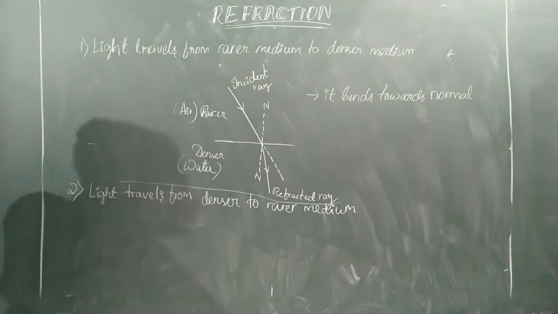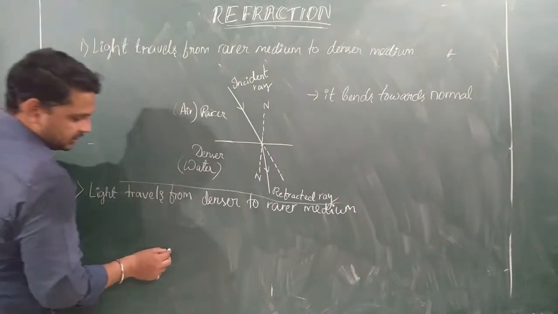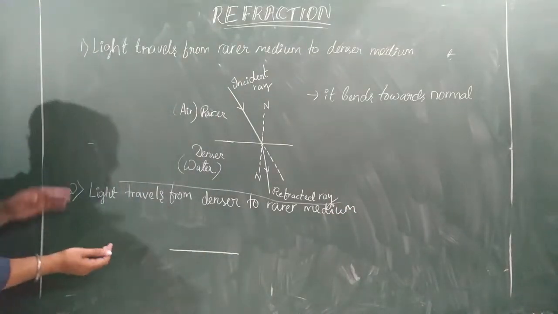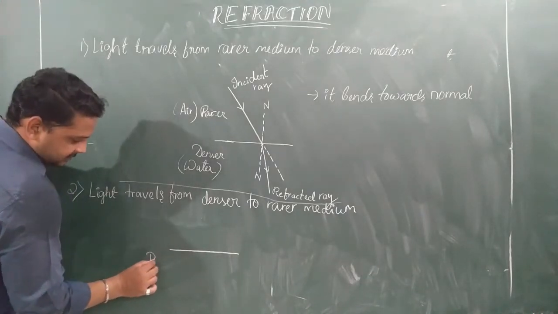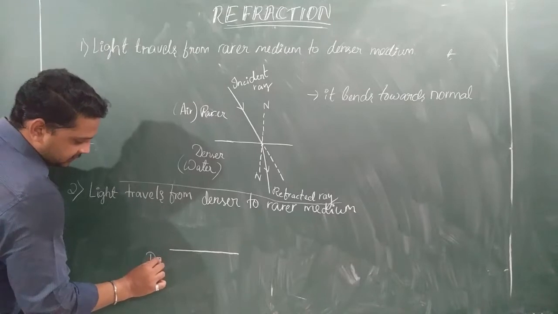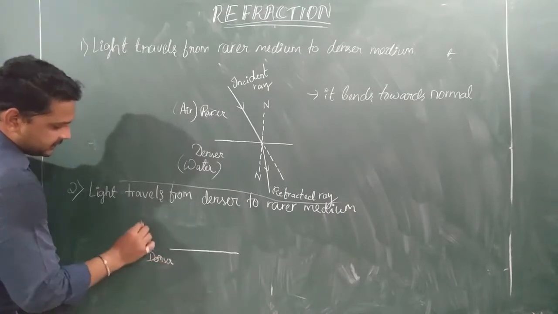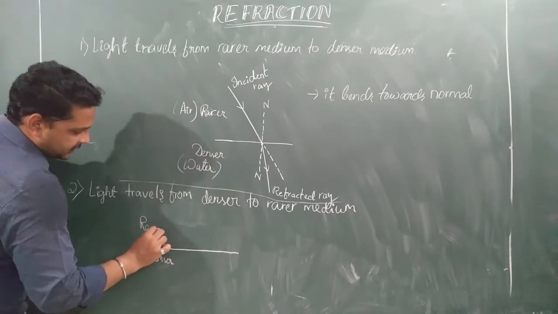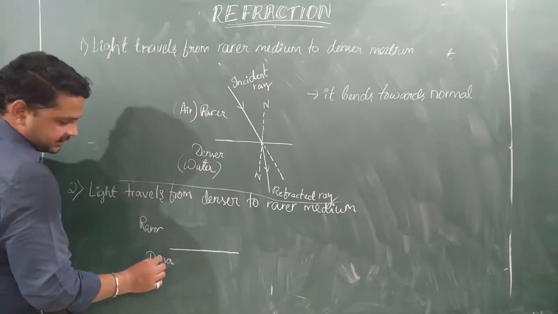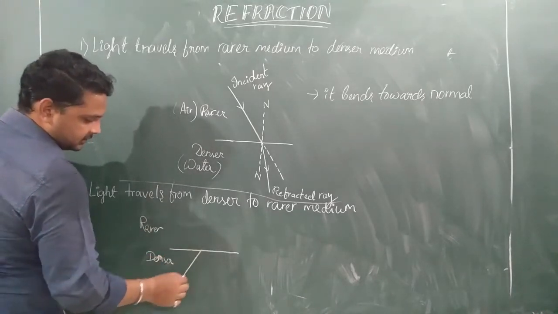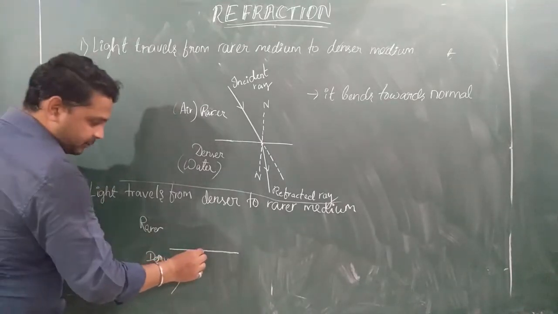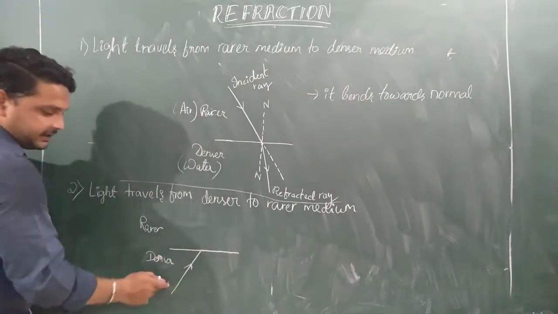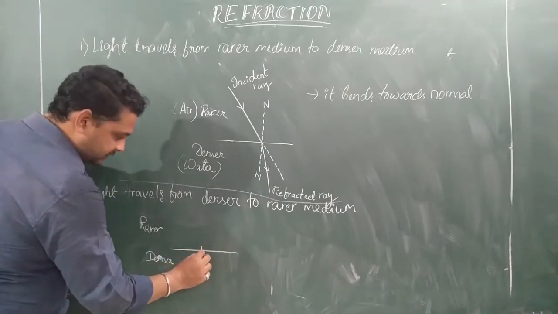Suppose this is the point of intersection of the two media. So here is the denser medium, and here is the rarer medium. So in this case, let us consider light is coming in this way. So this is the point of incidence. This is the incident ray. So here we draw a normal.